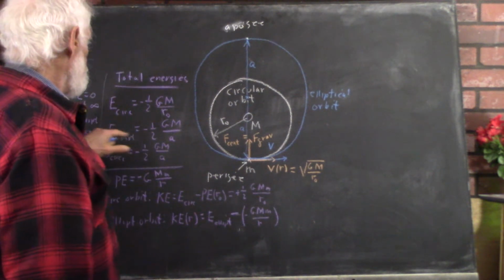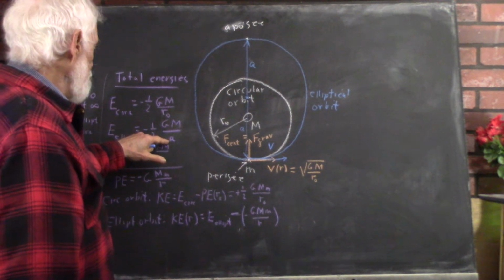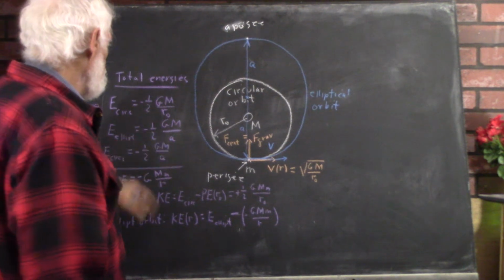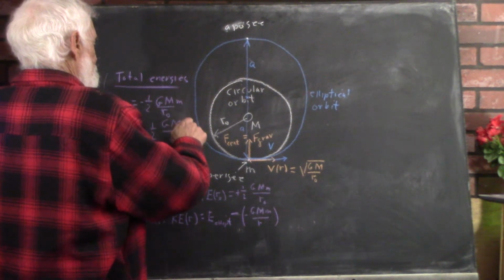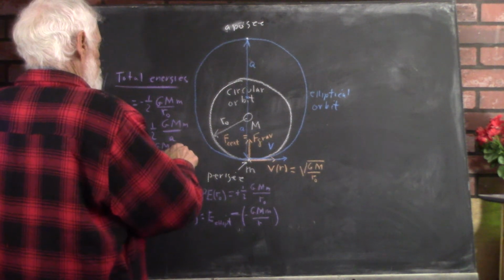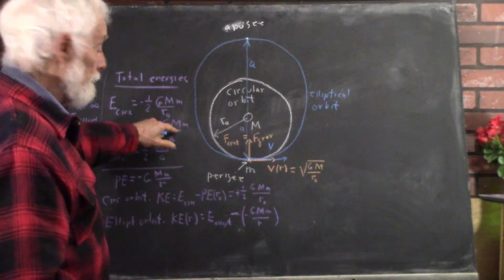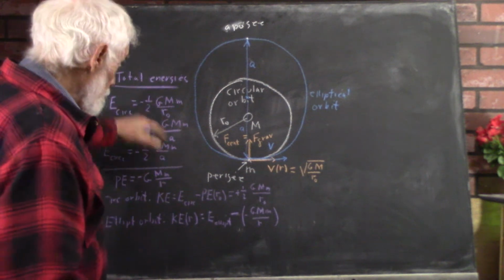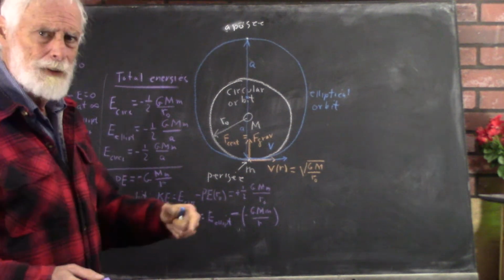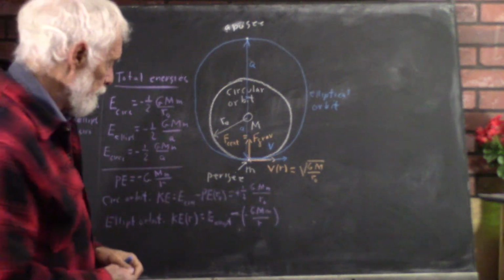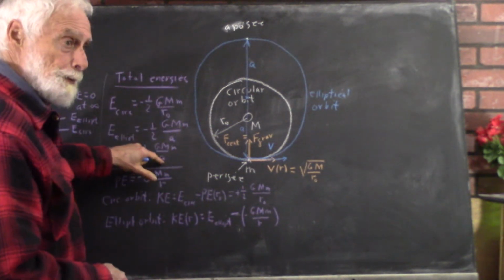But of course the energy of the elliptical orbit is this expression, and you know what? I didn't write down the little m in these expressions, so we've got to have that in there. Hopefully that didn't confuse you, but actually hopefully it did, because that means you're paying attention. But yeah, that was a mistake on my part.